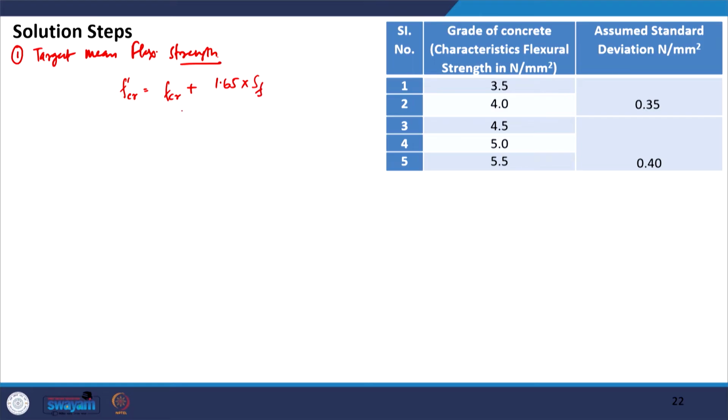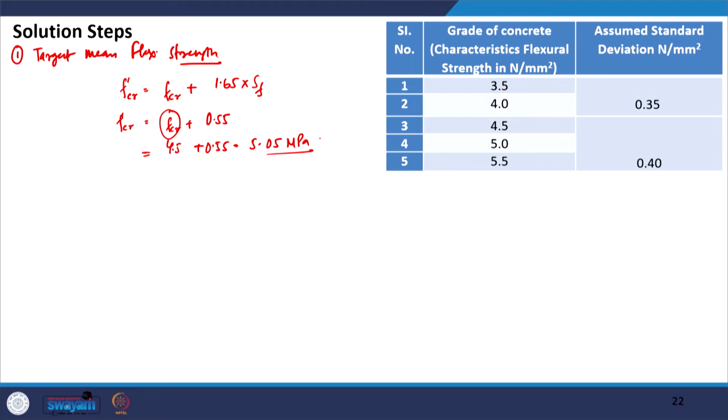And the second equation was that f'cr should be equal to fcr plus 0.55. Well, this is very straightforward. If I just put the value of fcr, which is 4.5 in our case, plus 0.55, we get the value as 5.05 MPa.